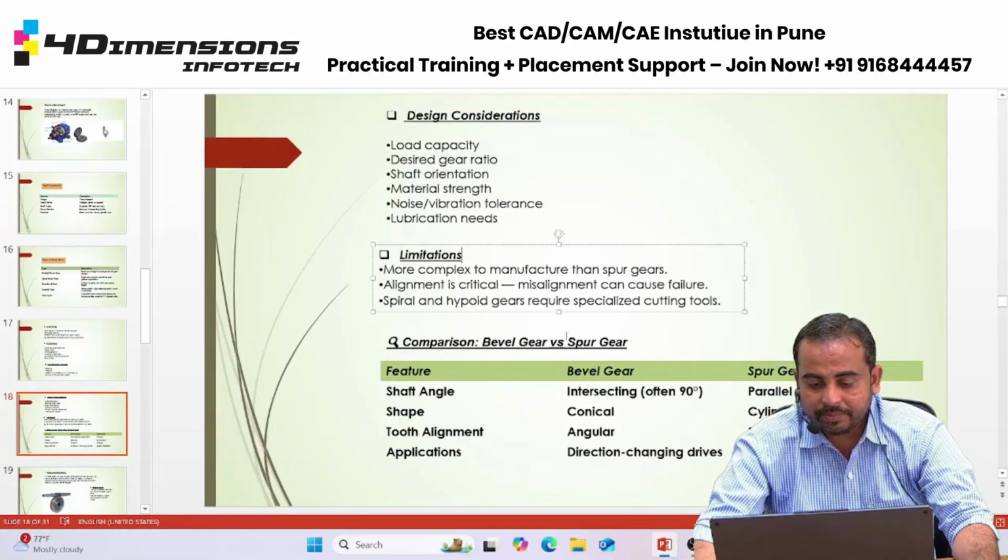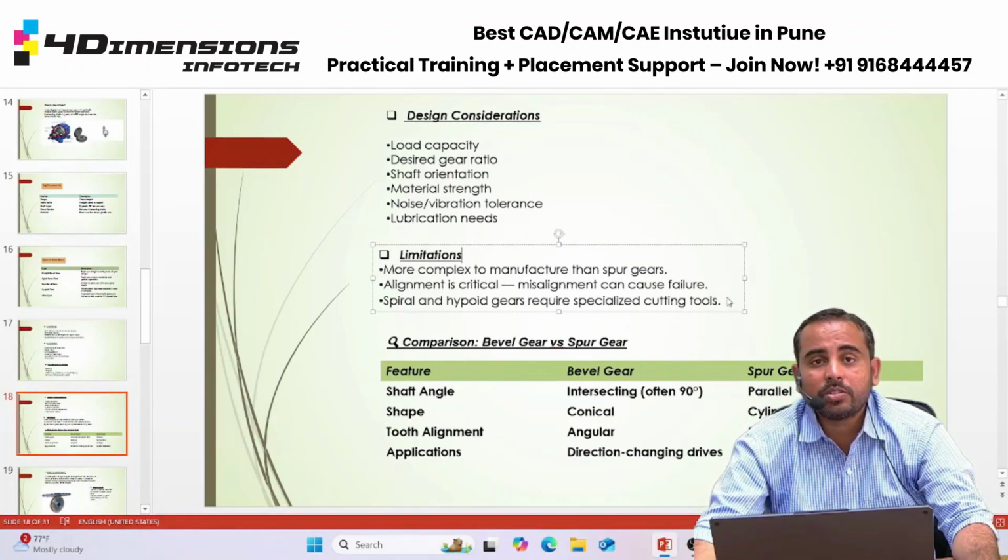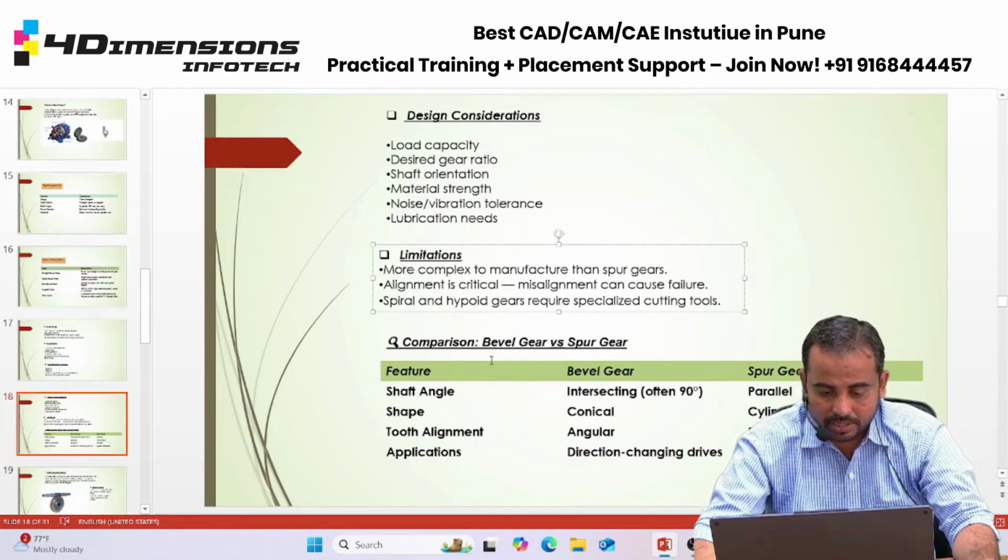Alignment is critical; misalignment can cause failure. Spiral and hypoid gears require specialized cutting tools. So this may increase the cost of manufacturing bevel gears.